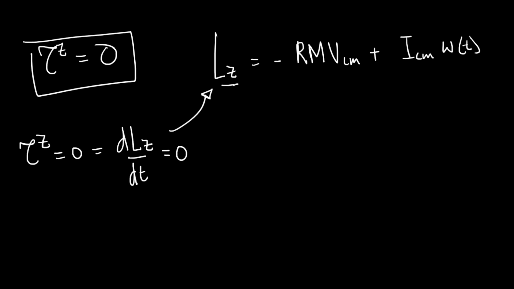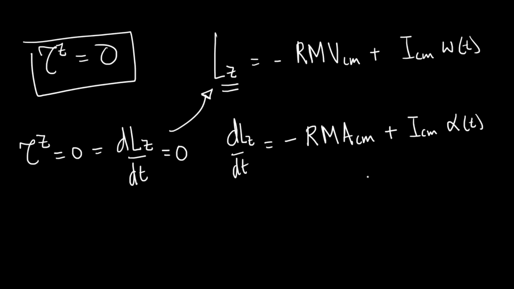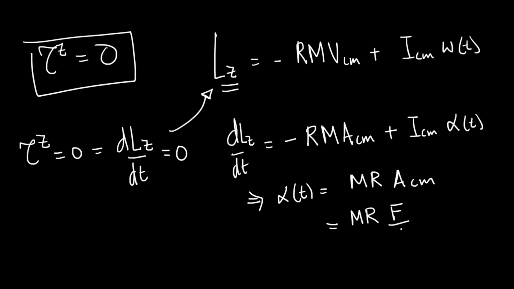So let's calculate dLz by dt, which is equal to minus R m acm plus Icm alpha, and this means that alpha is equal to m R acm divided by Icm, but acm is equal to F by m.